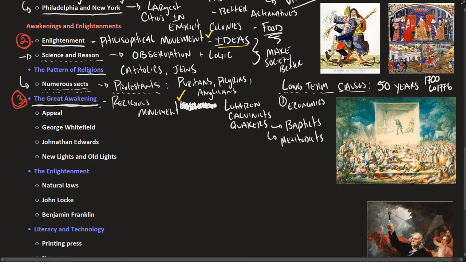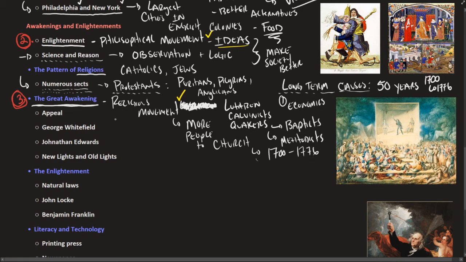But anyways, the Great Awakening was a giant religious movement which brought more people to church, we'll say that. So church attendance soared during the Great Awakening, and we might say that this was, again, roughly 1700 to 1776.